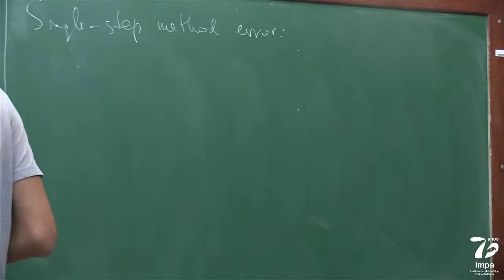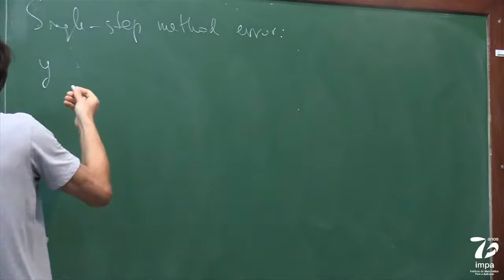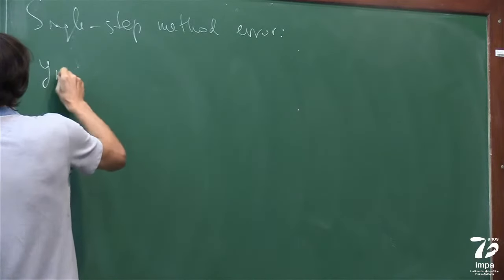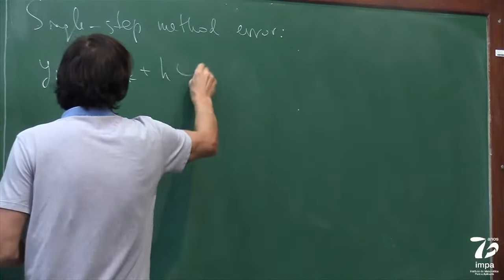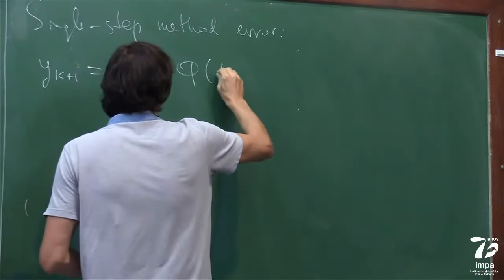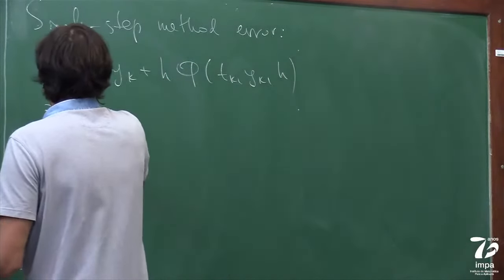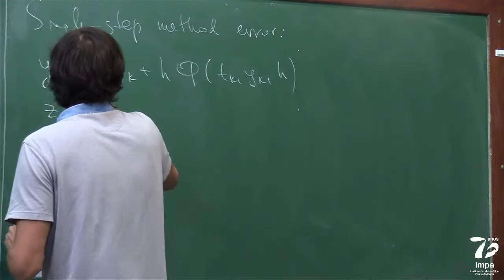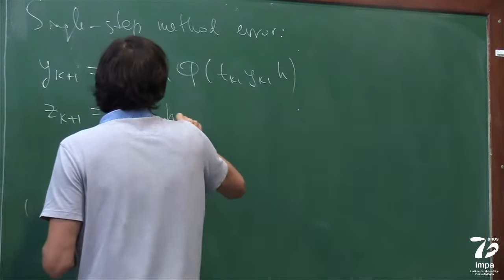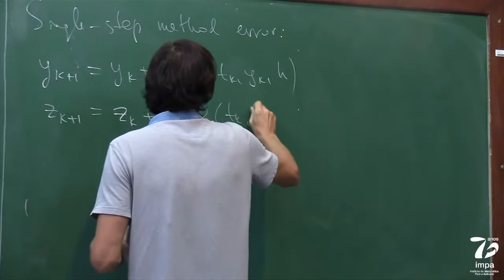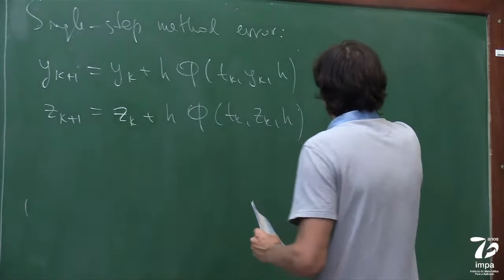Okay, so what we have is that we have two methods. We have the same method, but starting with different points. And just the same thing, but with different point. Different evolution, which is close by. Okay. And let's take a difference.